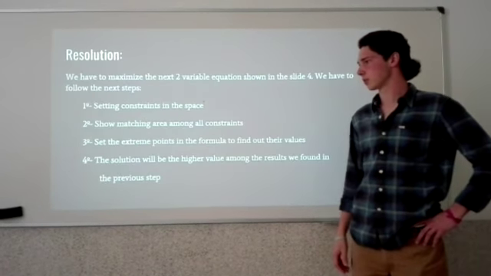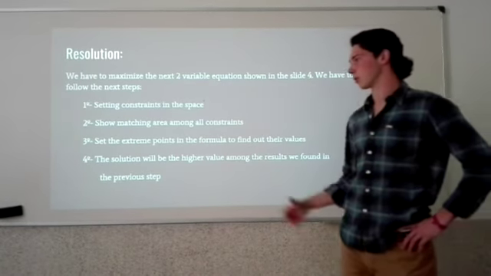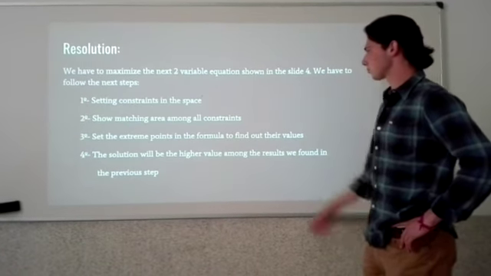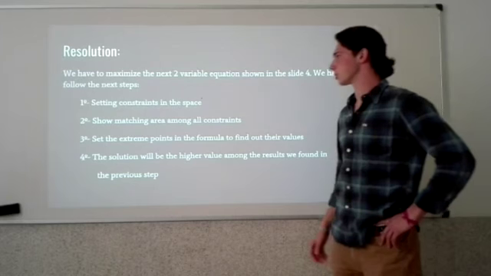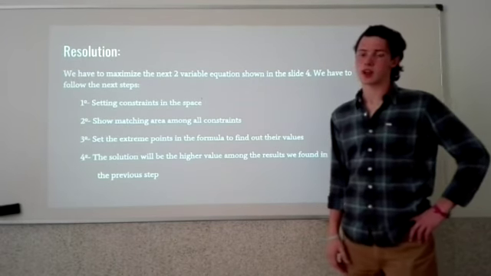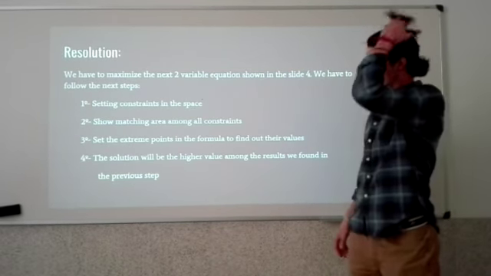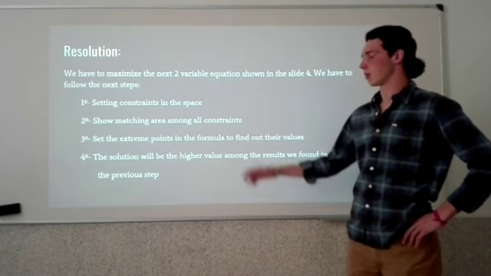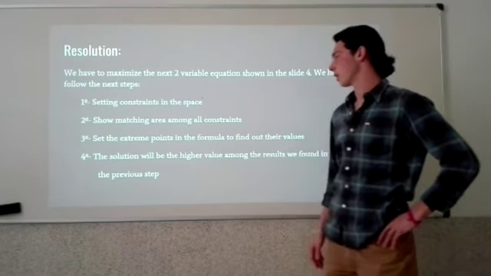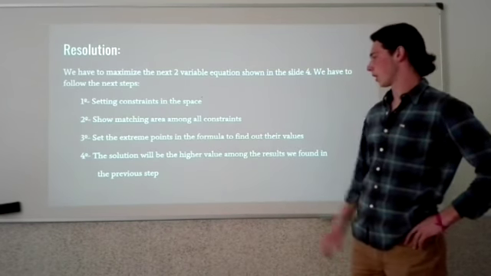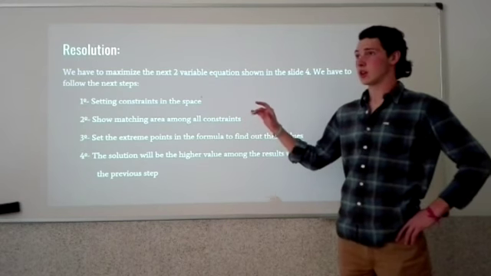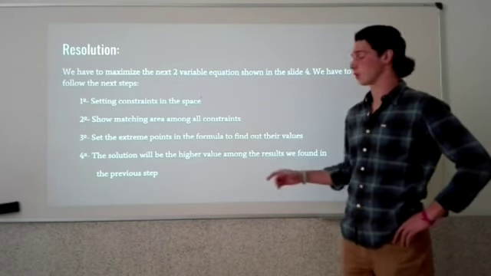Next slide, please. So we will solve this benefit maximizing equation with these 4 steps. First, we will set the constraints in our graph equal to each other. We will then show the matching area of all the constraints in a graph. We will find the extreme points and set the lines equal to each other to find those values.